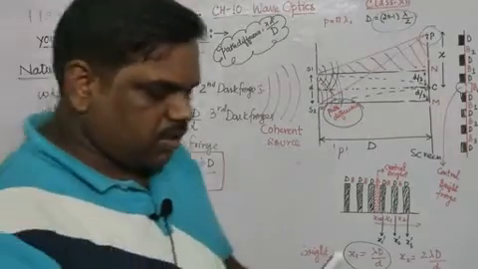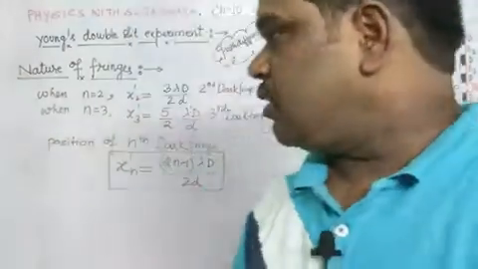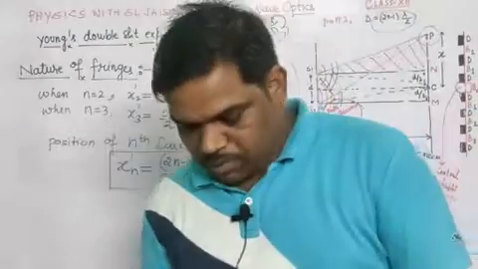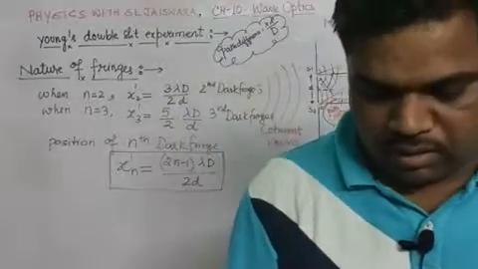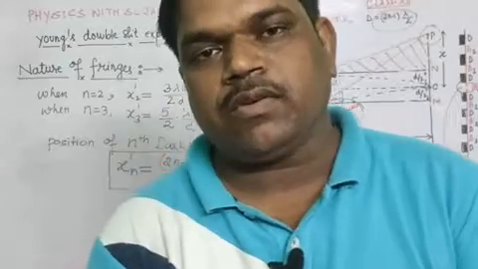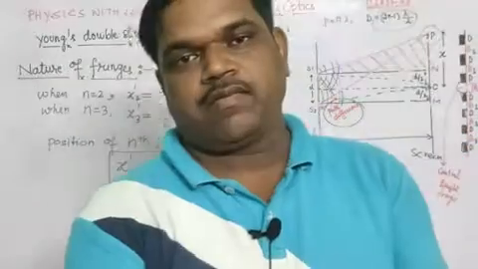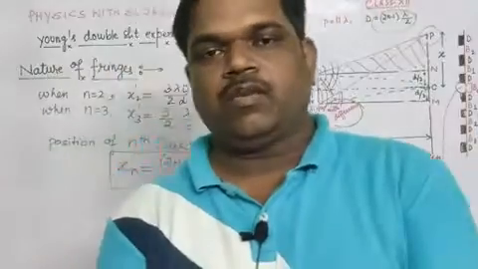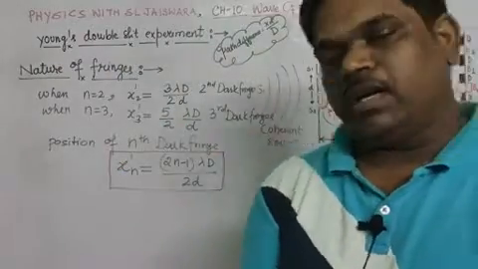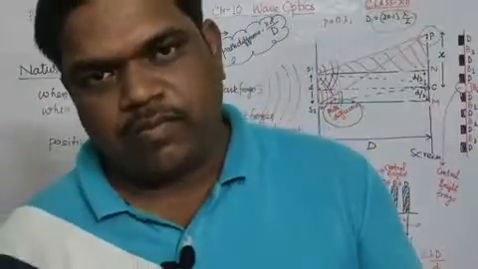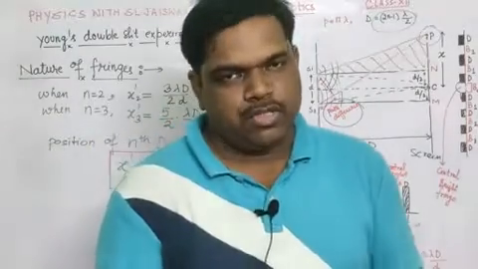So this is all about the nature of fringes. What will be the position when the interference is constructive, and what will be the position of dark fringes when there is destructive superposition.